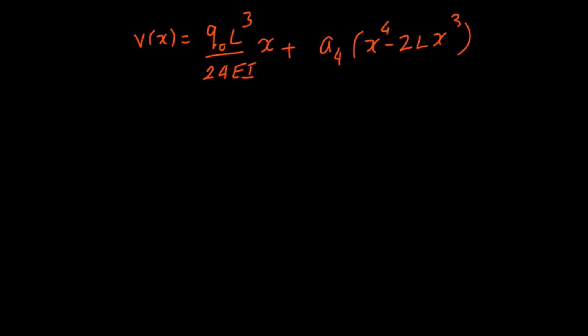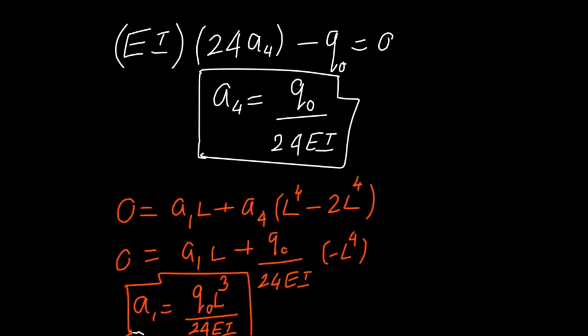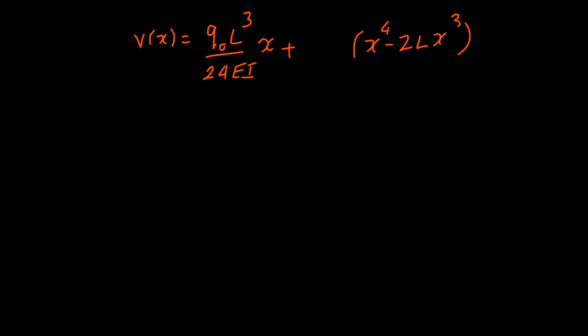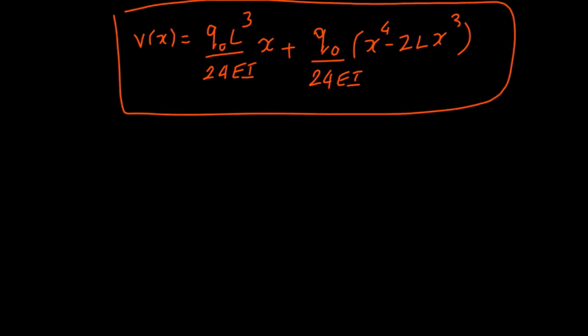But in a moment, I will be substituting the value of A4. And we know the value of A4: it is Q naught divided by 24 EI. So that is our solution.